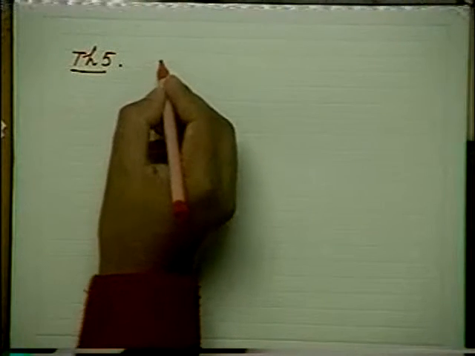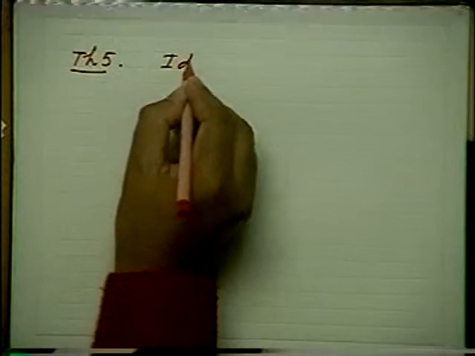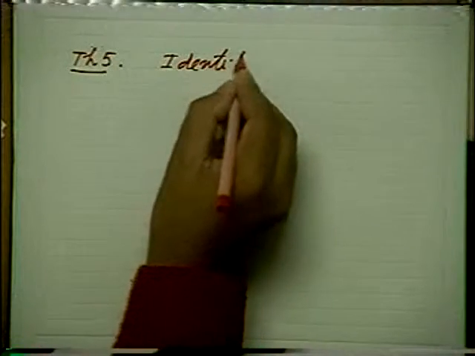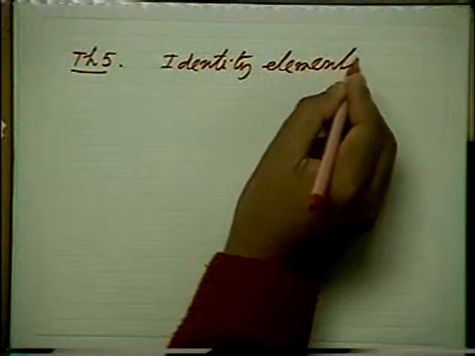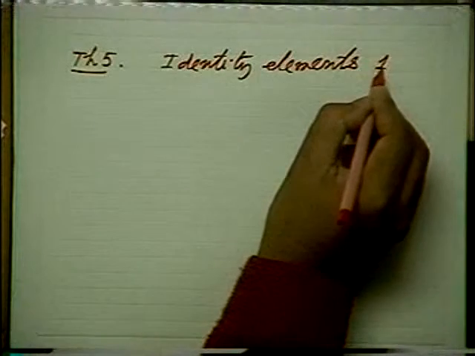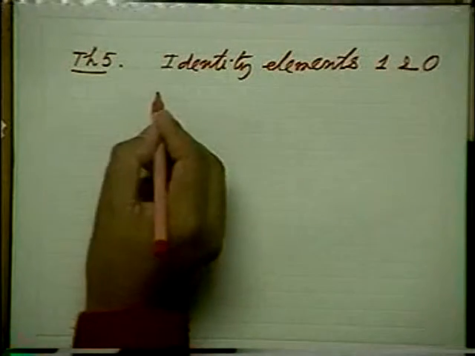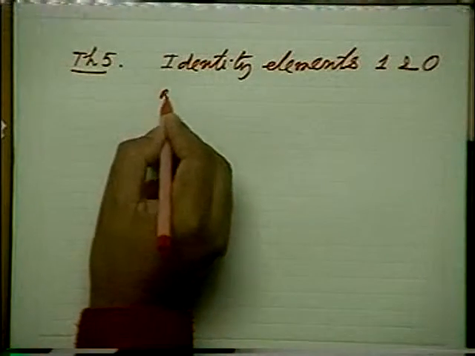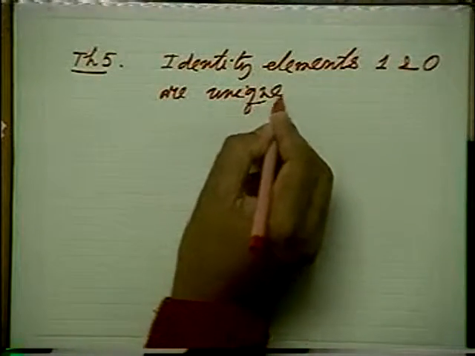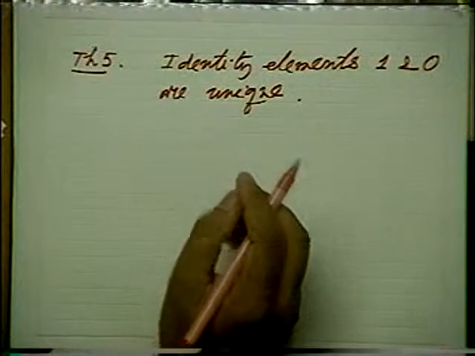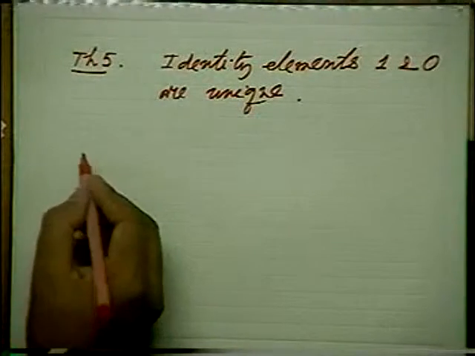Okay, let's come to theorem 5. Identity elements 1 and 0 are unique. That's my theorem 5.